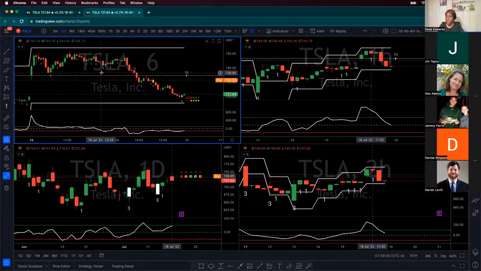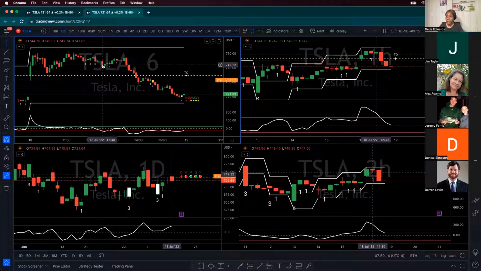And in this case, I should have exited. So had I done it the right way, I would have entered here, but I actually entered earlier. So I entered here, if I would have waited for my 60 flip off the inside bar. And I would have exited here as soon as this crossed back over.